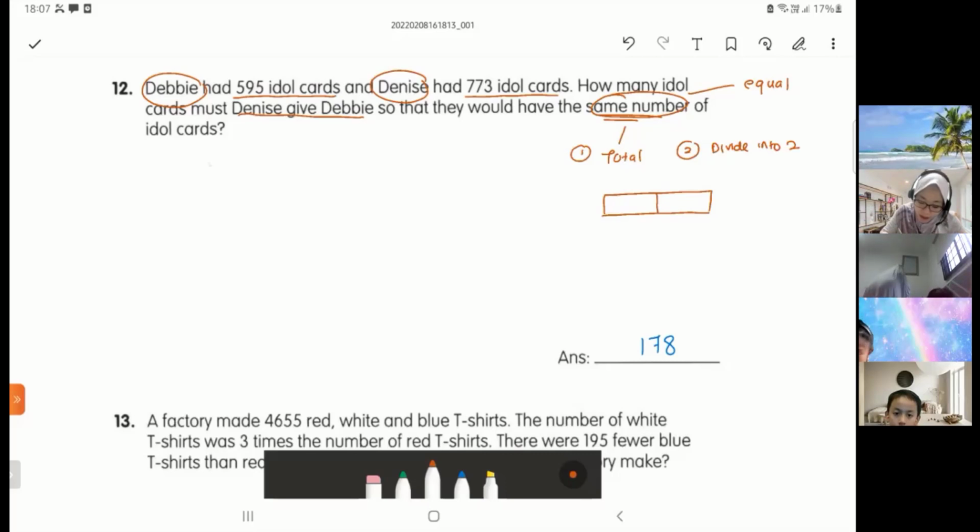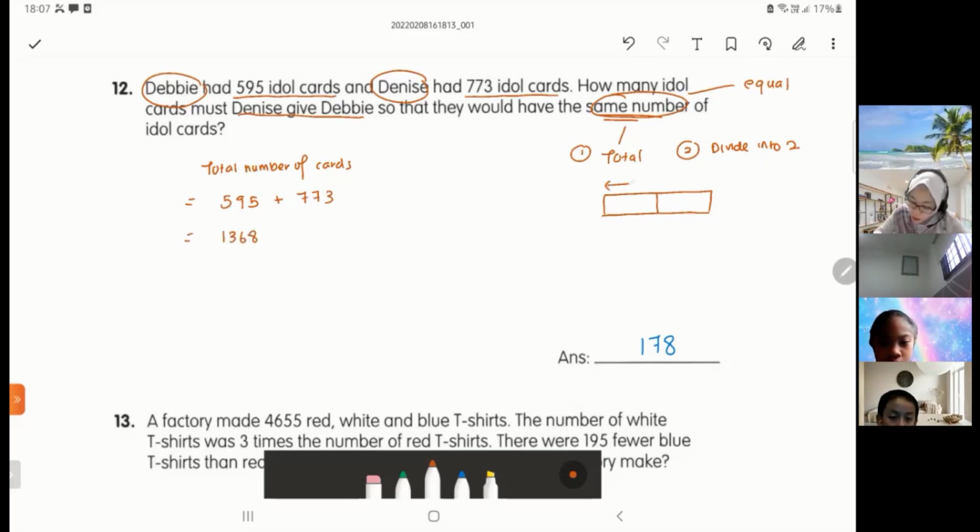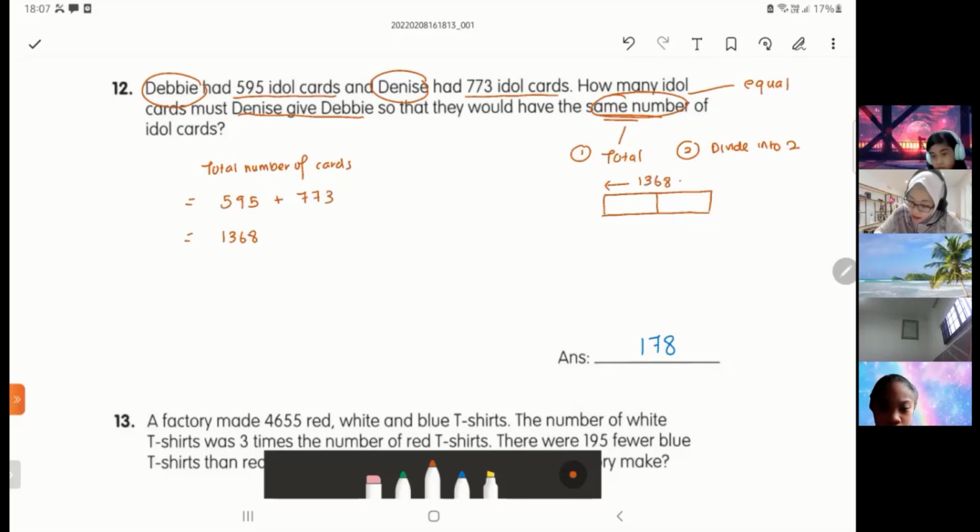So, let's find the total number of cards for Denise and Debbie. 595 is Debbie plus 773, and that is Denise. You add together, you're going to get 1368. This is my total. So my total is 1368, like this.